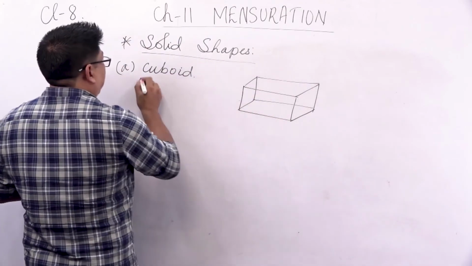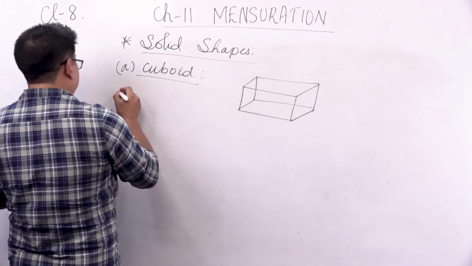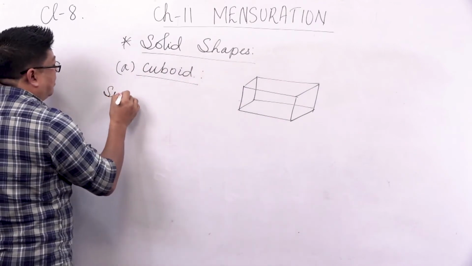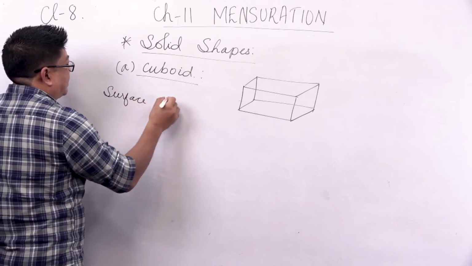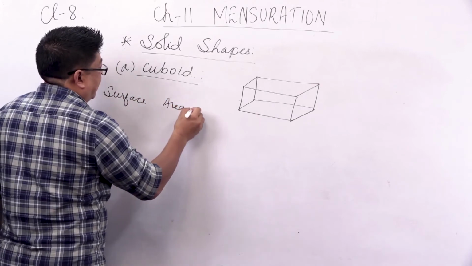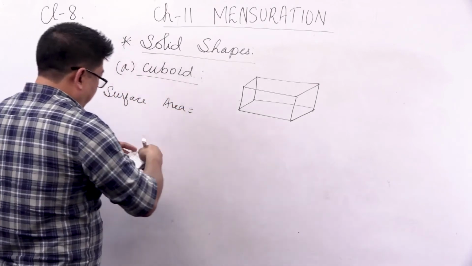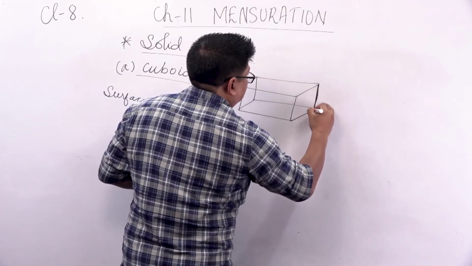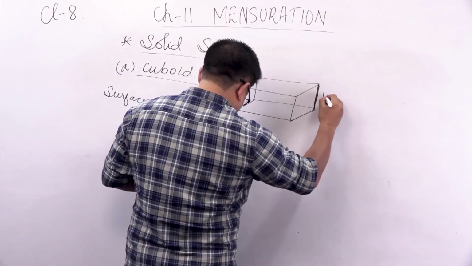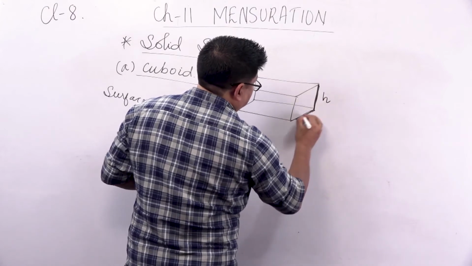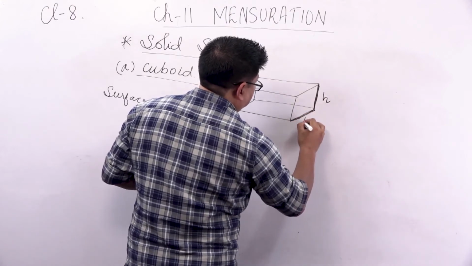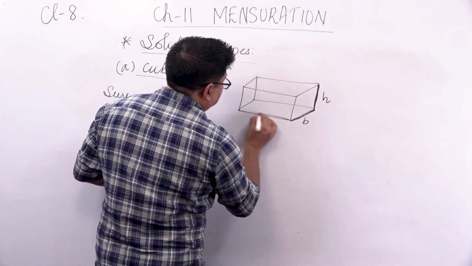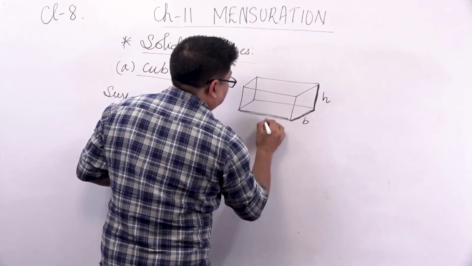Now, for cuboid, we have to learn about the surface area. This is the formula which we will be learning about. Now, this will denote your height, this will denote your breadth, and this will denote your length.